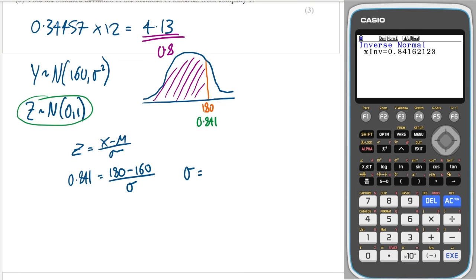So I can rearrange for sigma by going into our matrix, and I can do 180 minus 160, and I can get fancy and I can press vars stat x, result distribution, the inverse normal from the calculation I've just done, press execute, and I get 23.8.